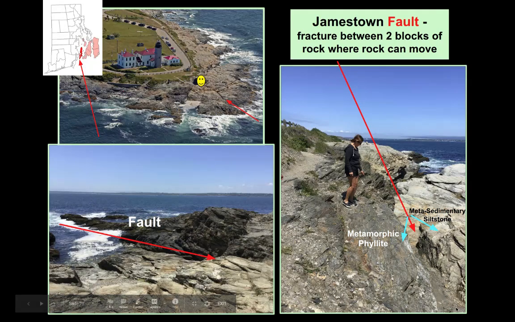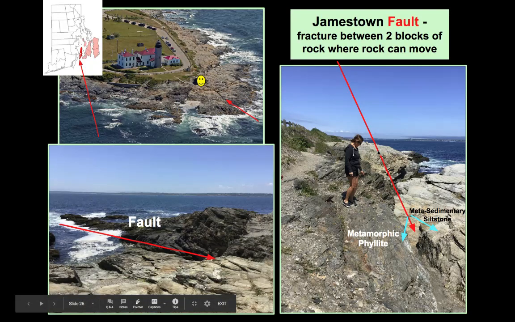The fact that this fault line, and the fault line runs pretty long, is here in Jamestown is definite proof of our tectonic past where lands collided. So this fault is evidence of a time when Pangea first formed. We have that right here in Jamestown, Rhode Island.